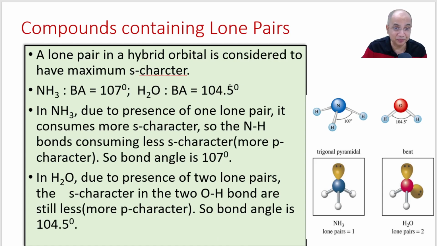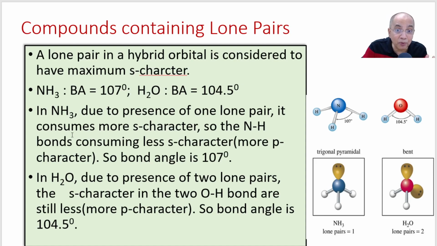That is the presumption. So if you compare between ammonia and water, why is the bond angle a few degrees less than tetrahedral in ammonia and many more degrees less in water? It is because ammonia has one lone pair in nitrogen, while methane doesn't have.